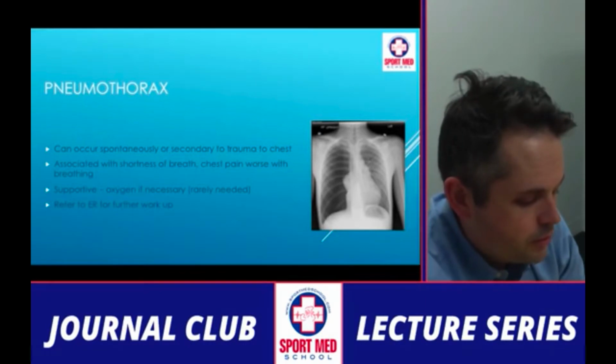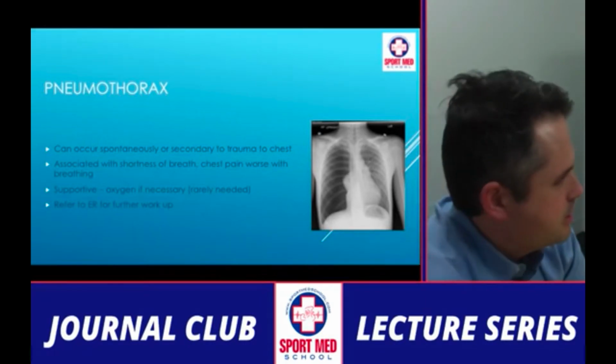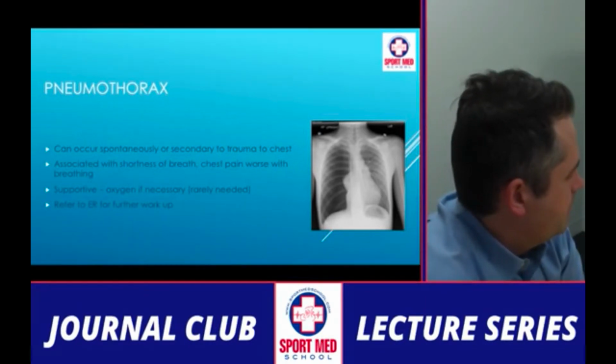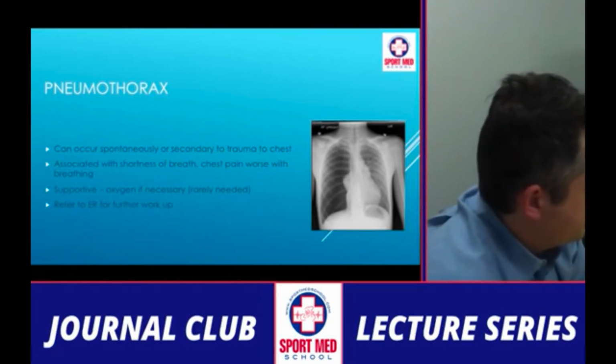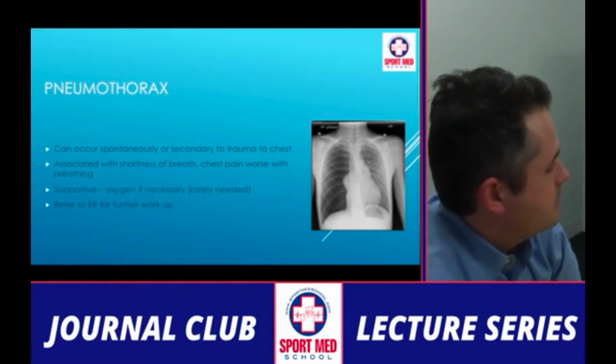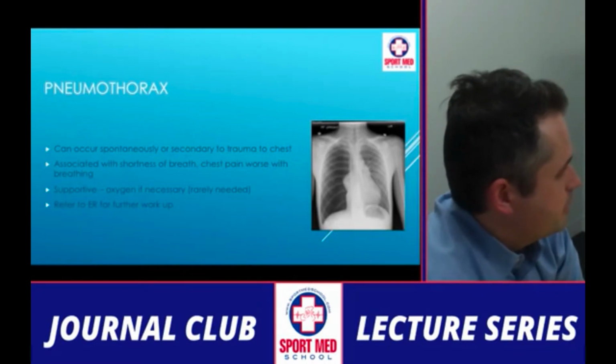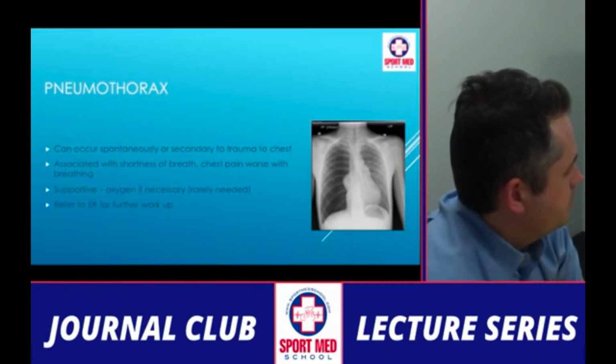Once again, this is not something that we're going to be managing on field from a definitive perspective, putting a chest tube in. But regardless, we can still manage the basic symptoms until EMS transfer.